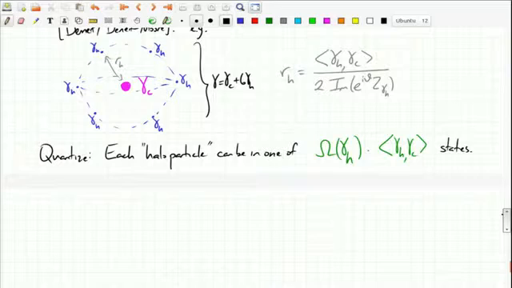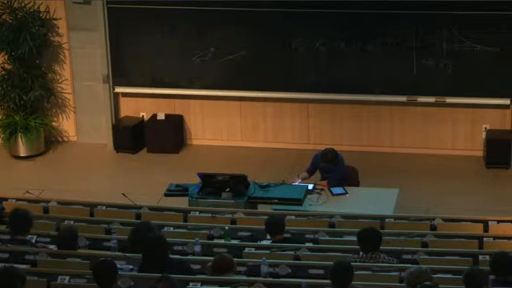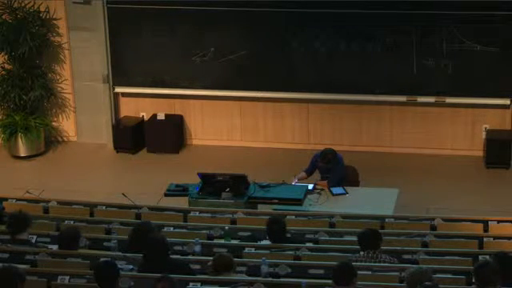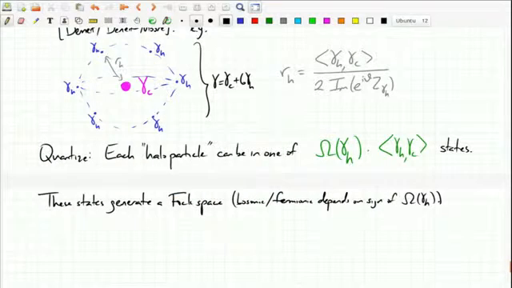It may be either bosonic or fermionic, depending on the sign of omega of gamma h. A Fock space of states which classically would be represented by this kind of picture.